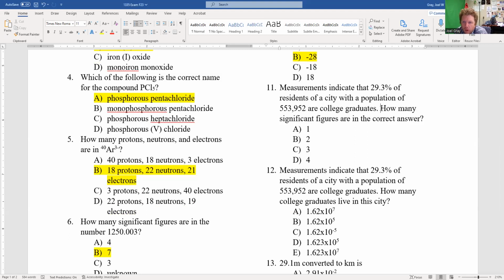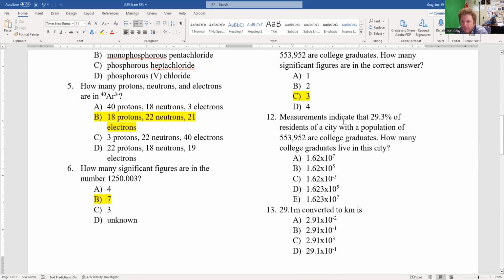What I was getting at was asking you to look at the percentage here, 29.3%, and say, if we're going to report how many college graduates of that total, how would we represent that? The correct answer would be 3. So that one, number 11, I didn't write a good question, so I have to give everyone credit for that.